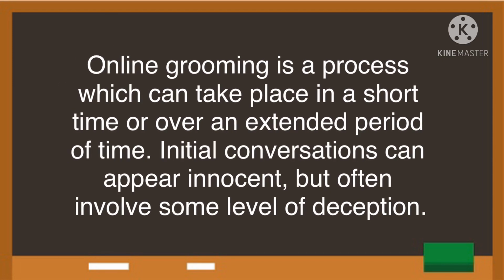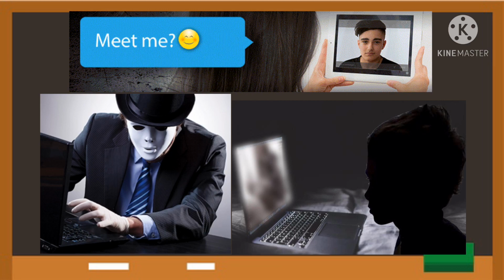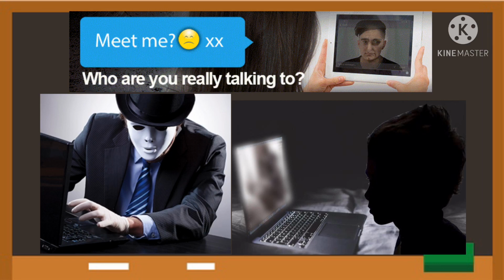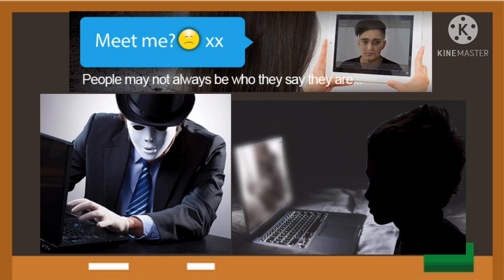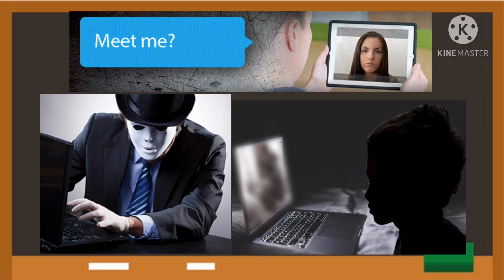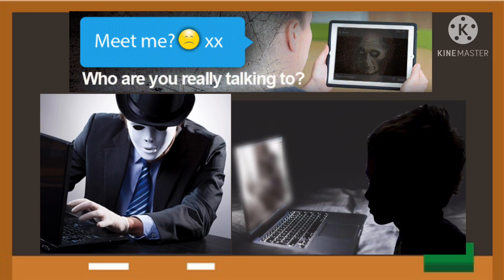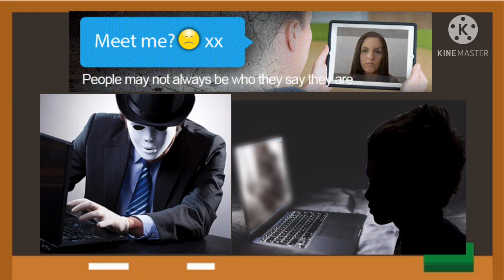Online grooming is a process which can take place in a short time or over an extended period of time. Initial conversations only can appear innocent but often involve some level of deception. As the predator attempts to establish a relationship to gain a child's trust, he may initially lie about his age or may never reveal his real age to the child, even after forming an established online relationship.